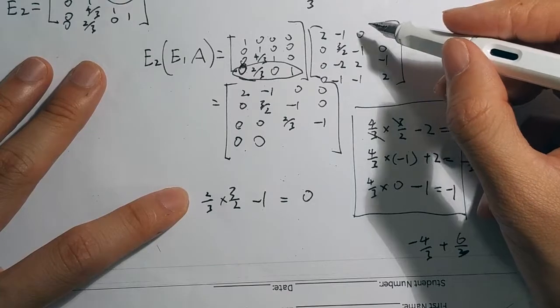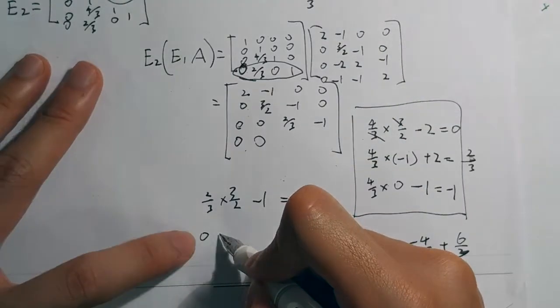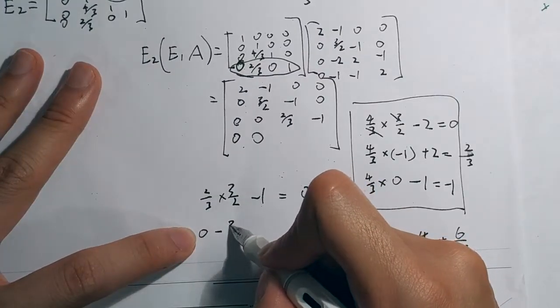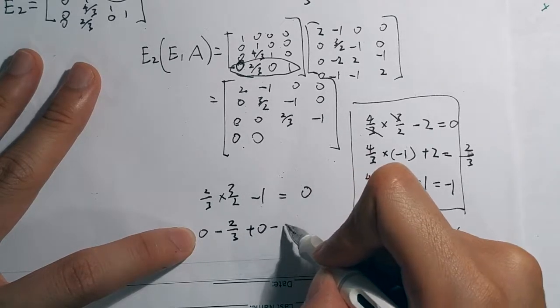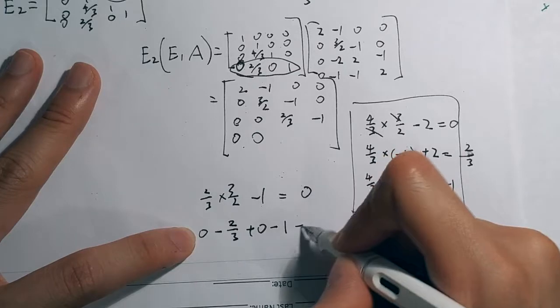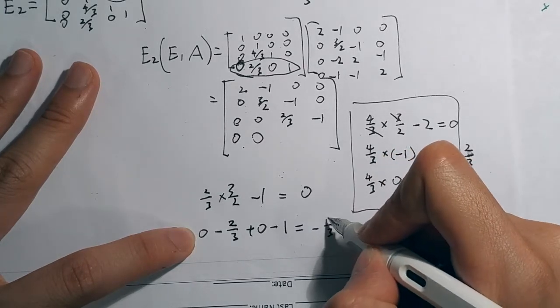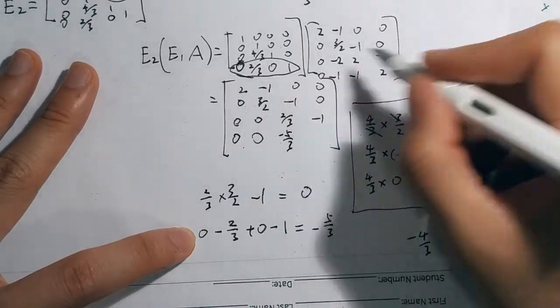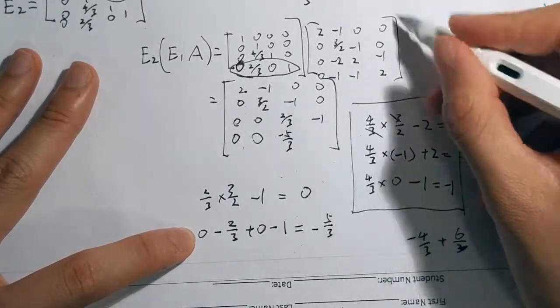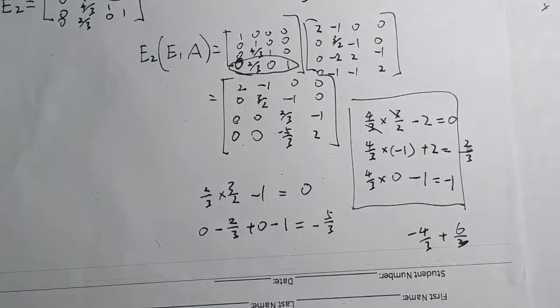So we do another column, it will be 0 times negative 2 over 3 plus 0 minus 1. And that gives me negative 5 over 3. The last one, it will give me 2.